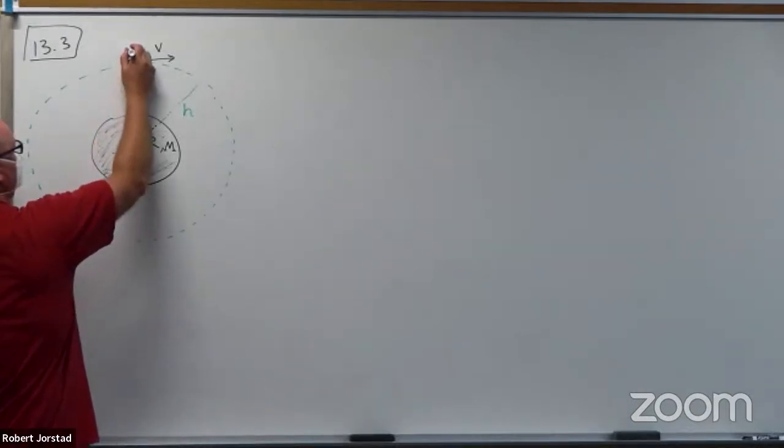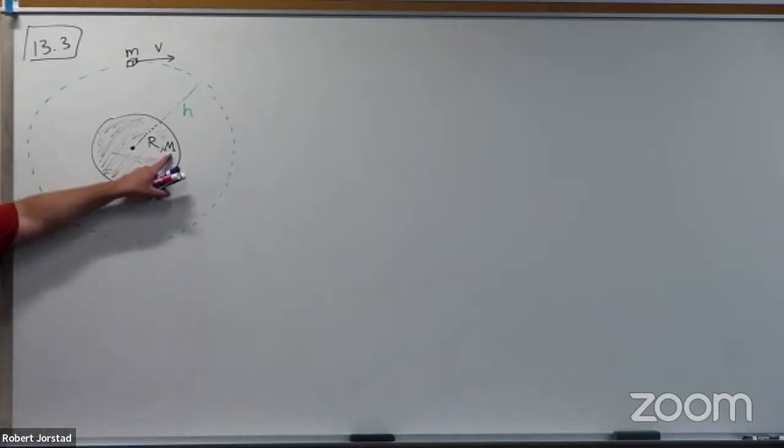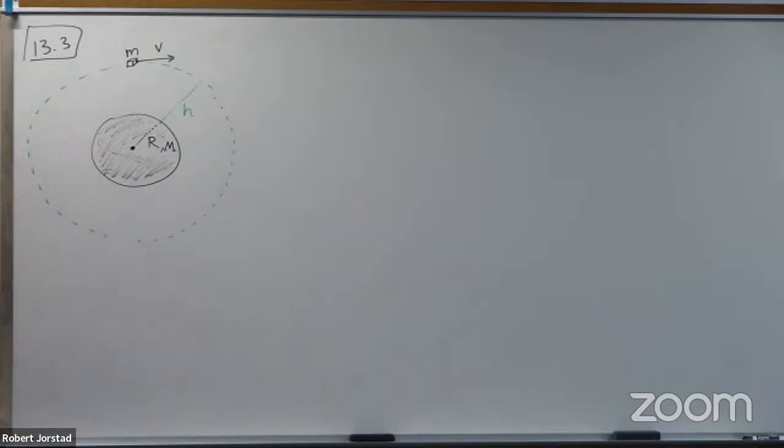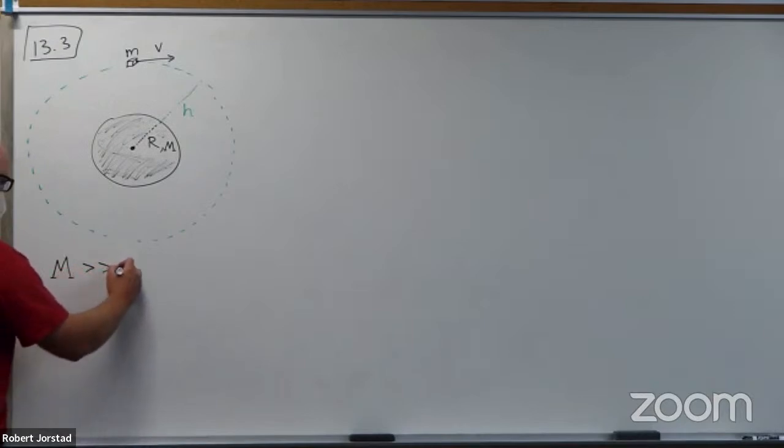A lot of times, instead of writing subscripts, we're going to use one of the masses as capital M, and the other mass as a lowercase m, just so we can keep straight. Okay, part A. And one last bit: we're going to say that M is much, much greater than little m.